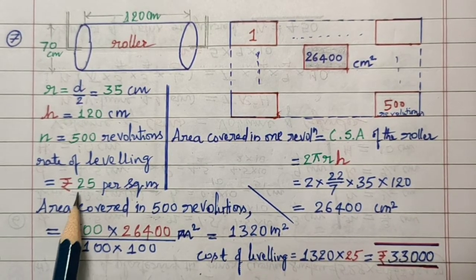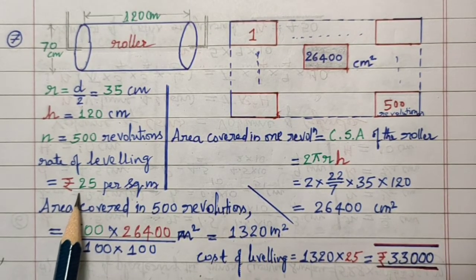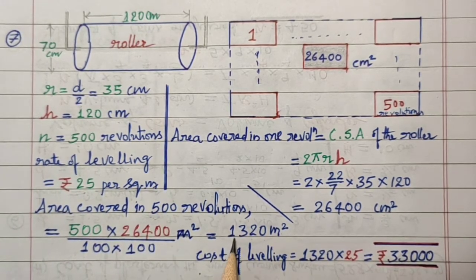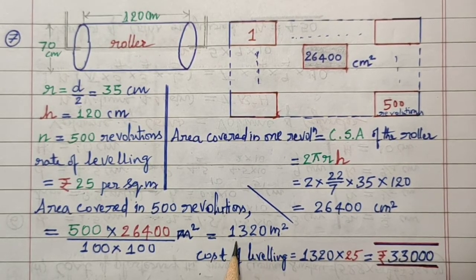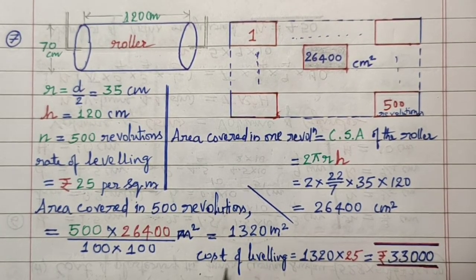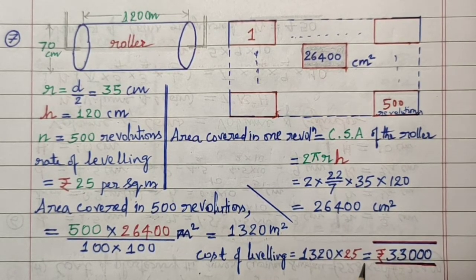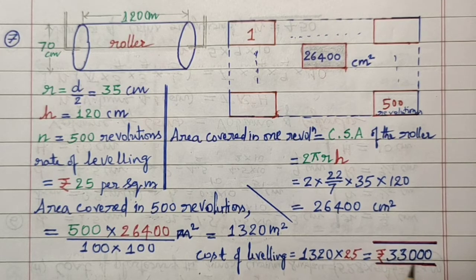The rate of leveling is 25 per square meter, so the cost of leveling is 1320 into 25, which is equal to rupees 33,000.